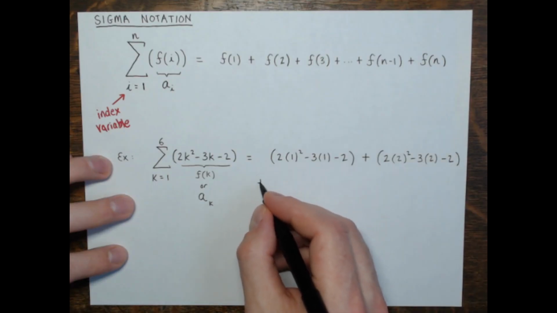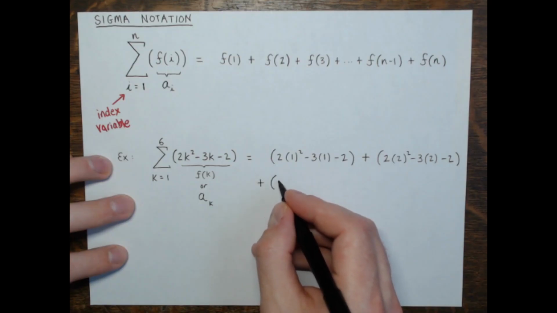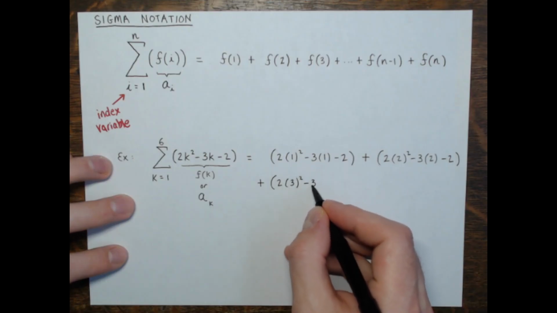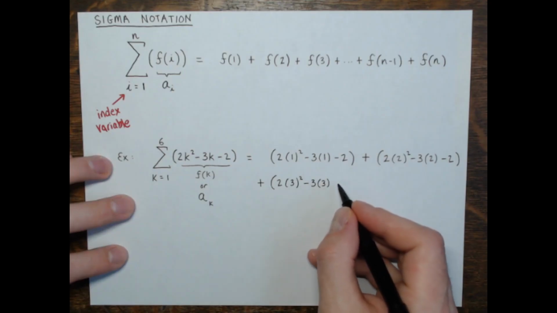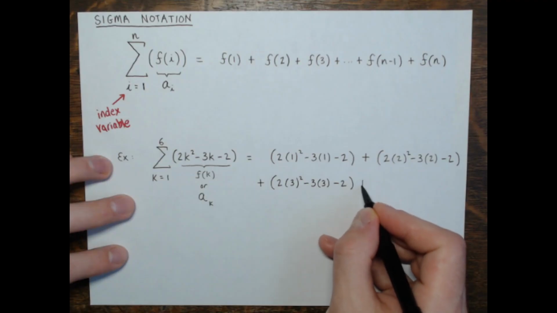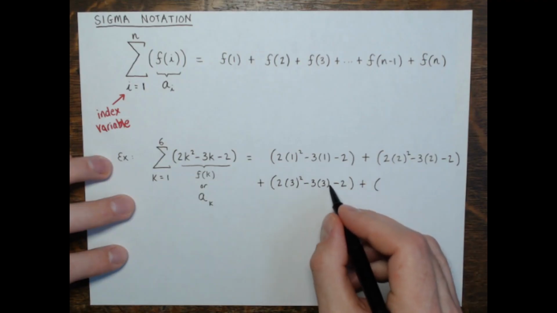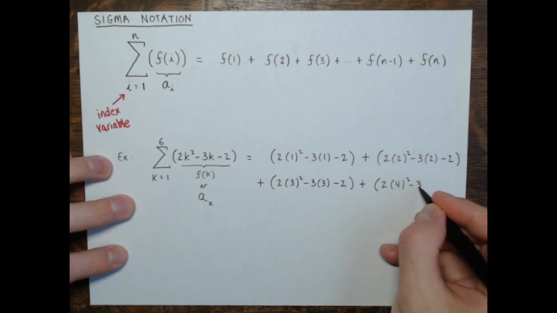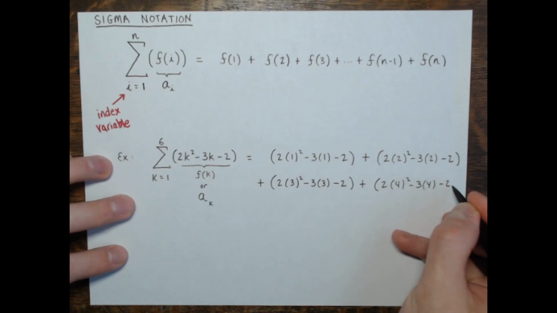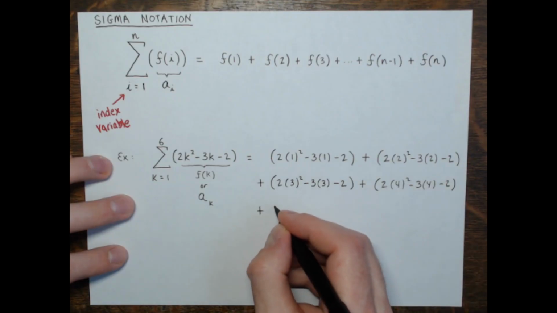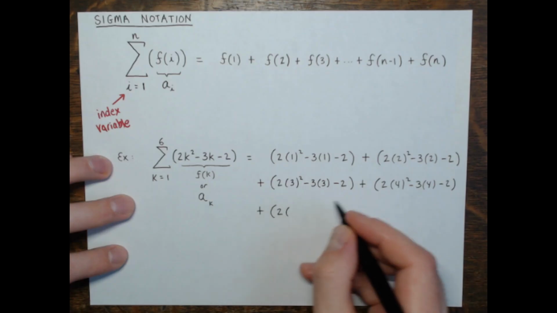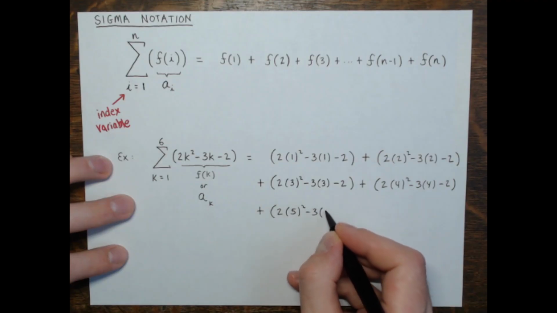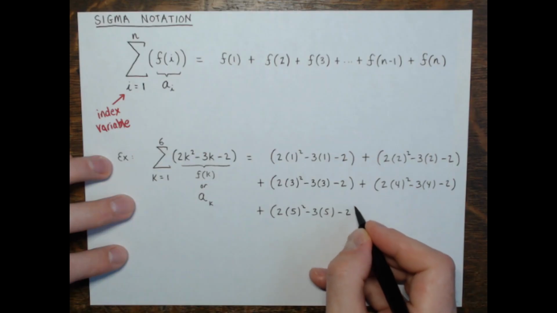And I keep doing this, plus plug in k equals 3, so 2 times 3 squared minus 3 times 3 minus 2, plus, and then plug in 4 for k, 2 times 4 squared minus 3 times 4 minus 2, plus 2 times, and then plug in 5 for k, right? 5 squared minus 3 times 5 minus 2.